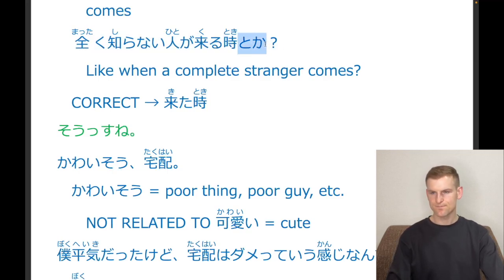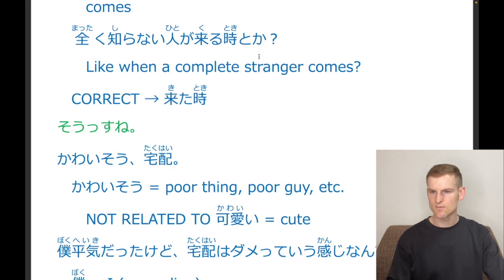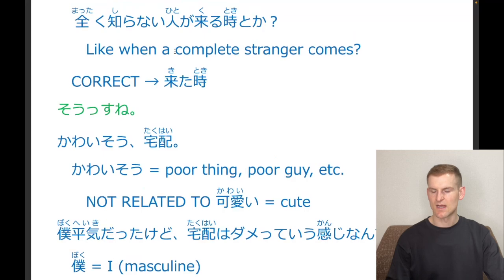And once again, I'm just indicating that I know that there are other situations, but I'm just listing one of them. This is a little bit of a mistake on my part. It should be 来たとき. Once again, I won't get into the details of this. It's actually pretty complex, but you can find a good explanation in your grammar book or online, so just check that out if you need to know more about that.